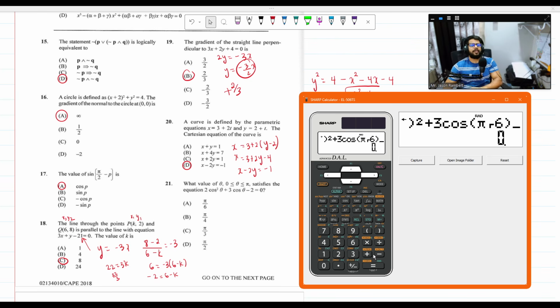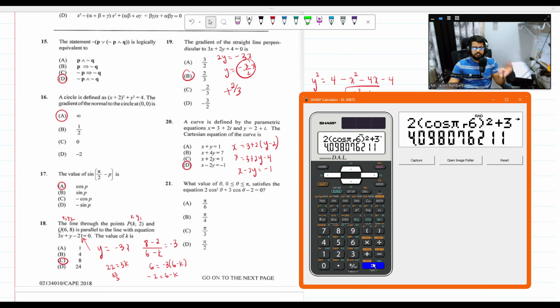I'm going to move the minus 2 to the right hand side, so there are fewer things I have to plug into my calculator. If I wanted, I could have put in the minus 2, but that makes the equation a little bit longer. I am looking to see if this value gives me a positive 2, because 2cos squared theta plus 3cos theta will be equal to positive 2. I get positive 2.